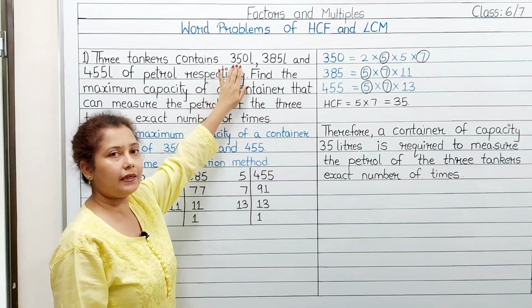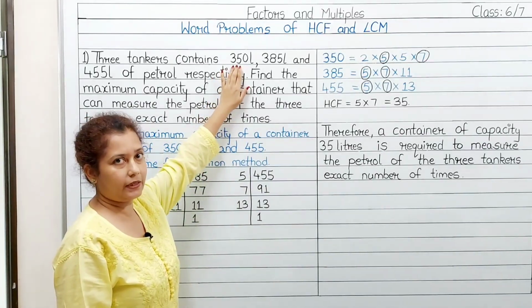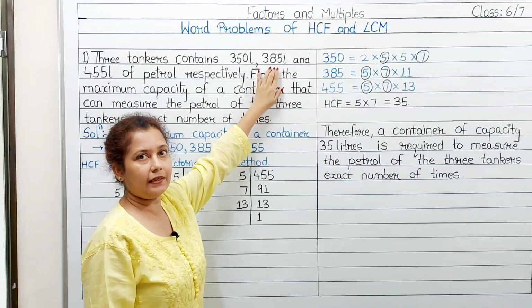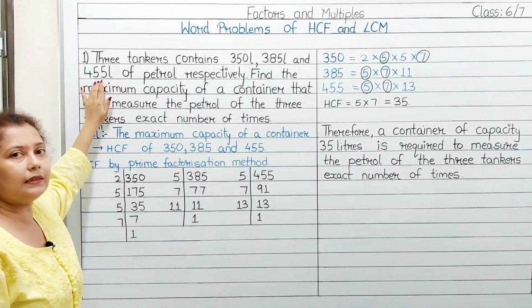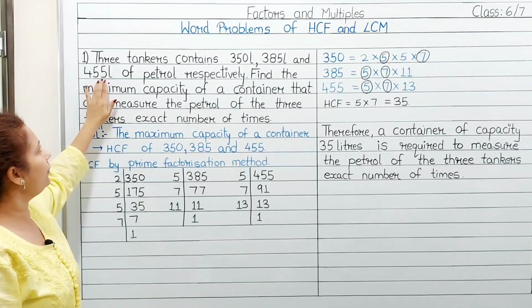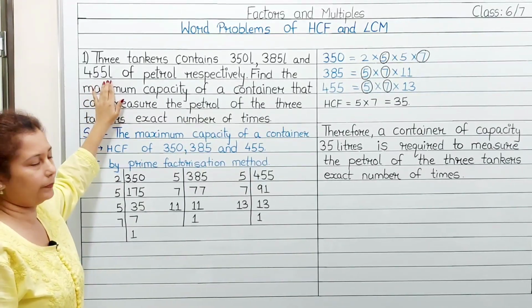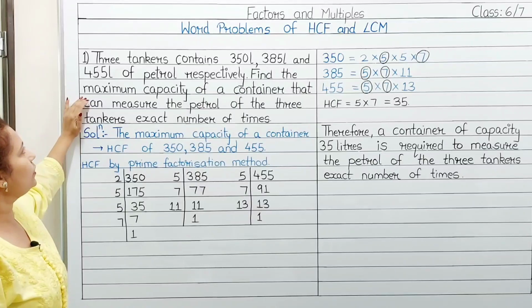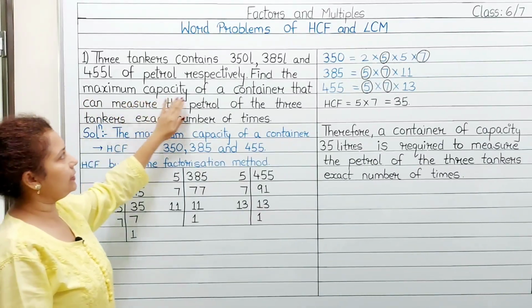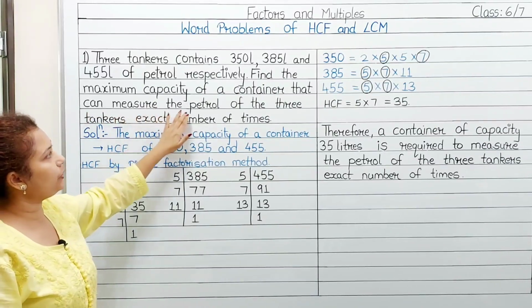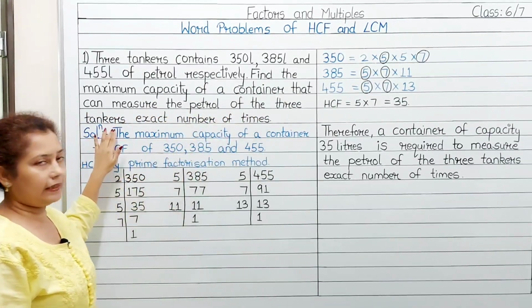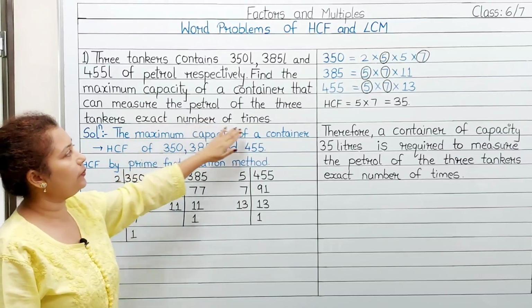The first tanker contains 350 liters of petrol, the second tanker contains 385 liters of petrol and the third tanker contains 455 liters of petrol. And they have asked to find the maximum capacity of a container that can measure the petrol of the 3 tankers exact number of times.